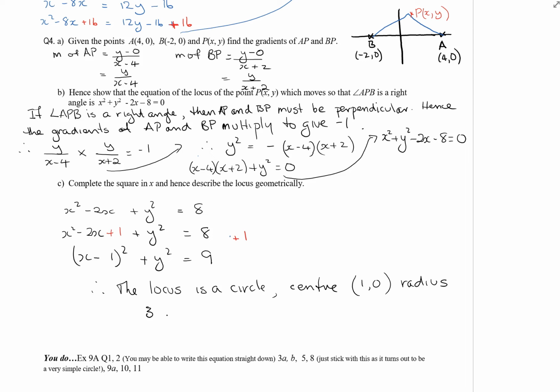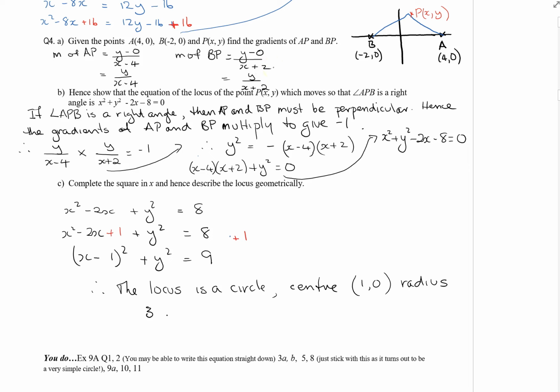But back to this one, you can see that I've simply found the gradient using y2 minus y1 over x2 minus x1. And I've always let my P be my x2, y2. So in AP, A was my x1, y1, and I get the gradient is y over x minus 4. Likewise, the gradient for BP is y over x plus 2.